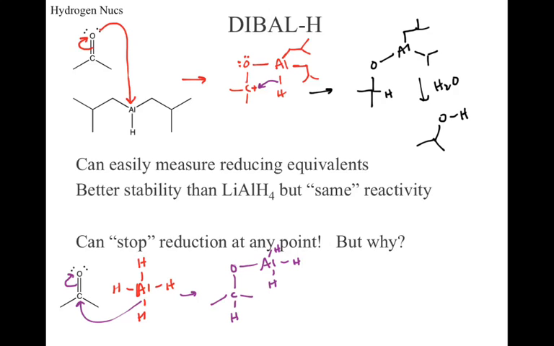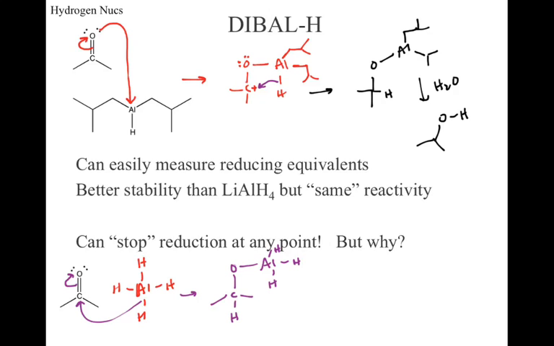So why does that matter? Well, that's going to change our end results when we're looking at the reactivity. So DIBAL, because it only supplies one hydride and is in a much more stable state, we can measure out the DIBAL relatively easily, whereas the lithium aluminum hydride and the borohydride, as soon as they hit atmospheric pressure or really atmospheric water, they start to react, and we lose some of those reaction equivalents, which means we have to add an excess in.